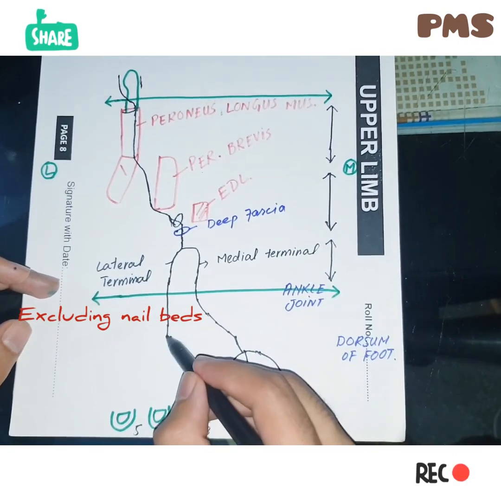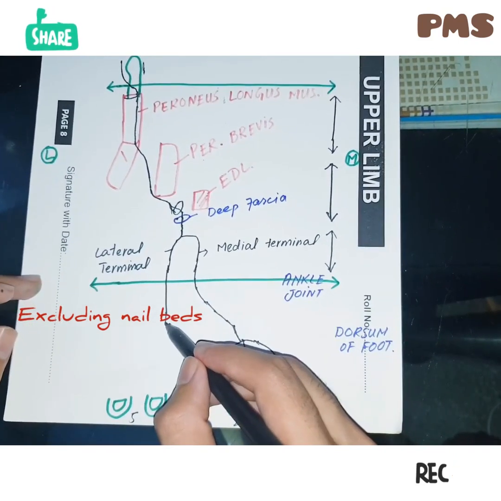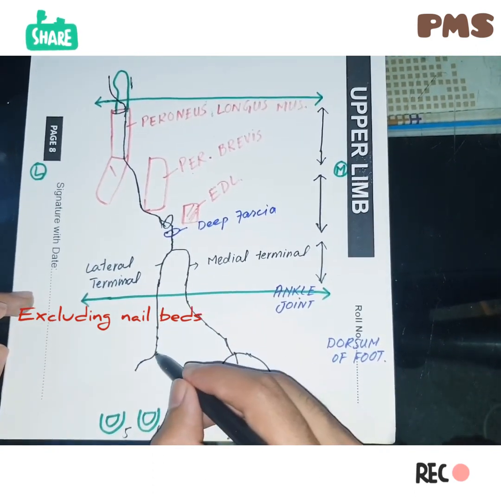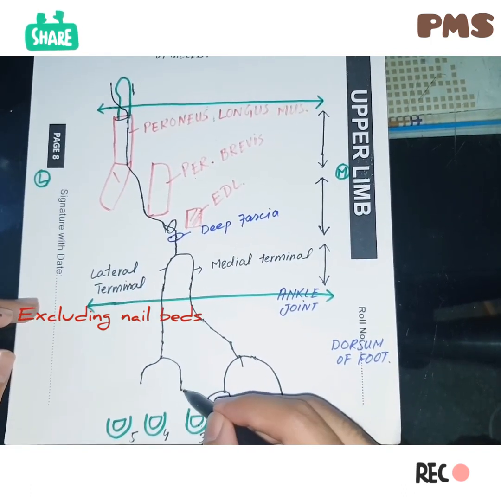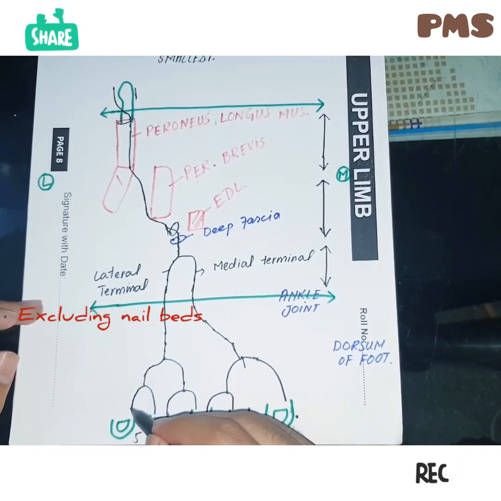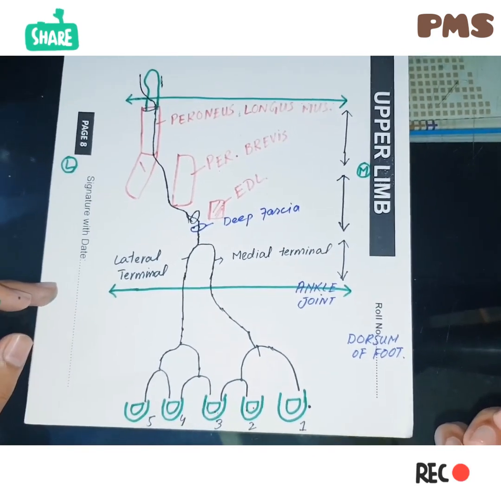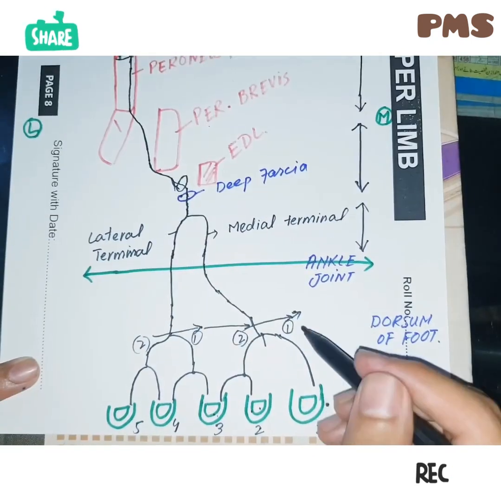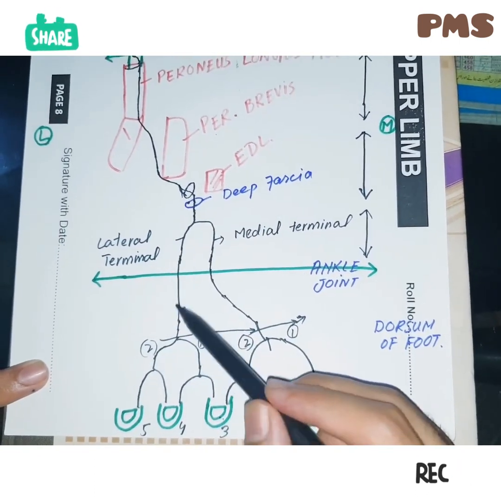Now the lateral terminal branch also crosses the ankle joint and reaches the dorsum of the foot, where it divides into two dorsal divisions, and it supplies the adjoining sides of the third, fourth and fifth toes. So this is the innervation of the medial and lateral terminal branches.